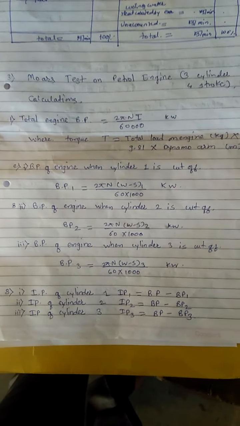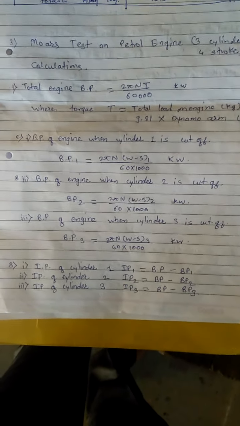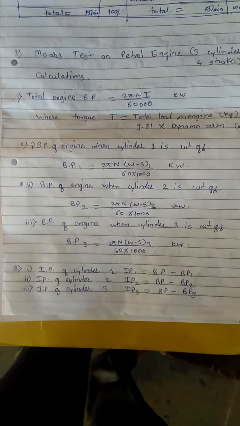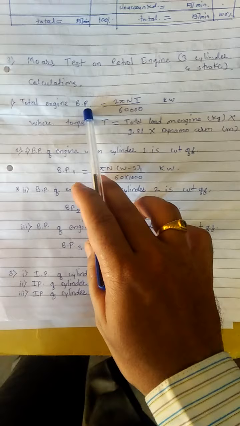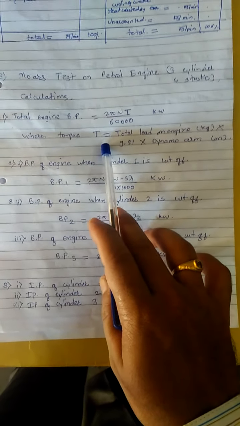Our aim is to determine the indicated power of the engine as well as the frictional power of the engine. To get the indicated power, first of all, we will determine the entire brake power, that is, the brake power when all cylinders are working. For that we have to calculate the torque.